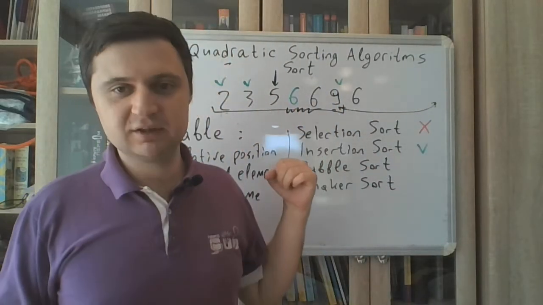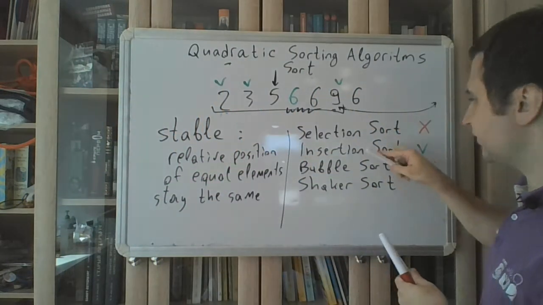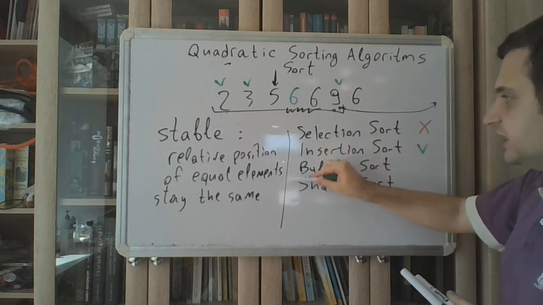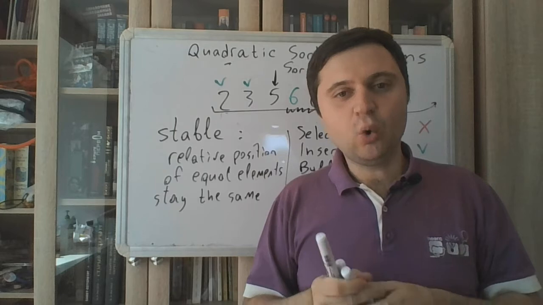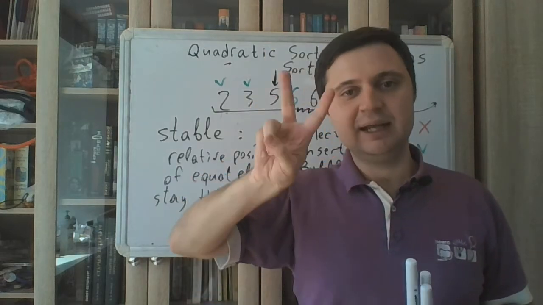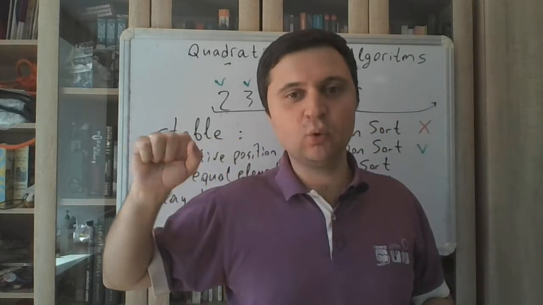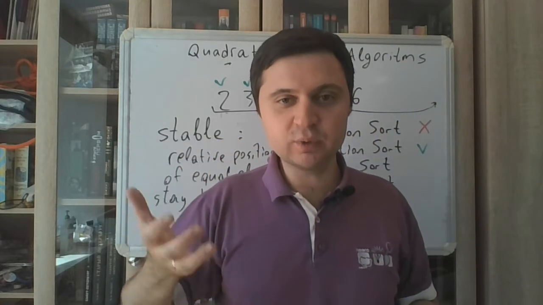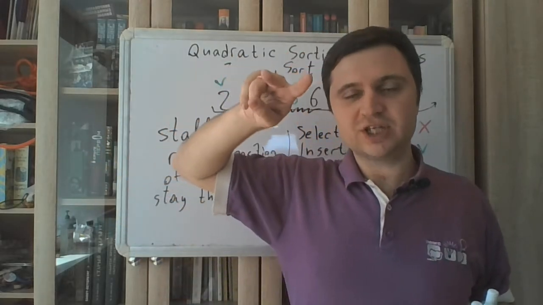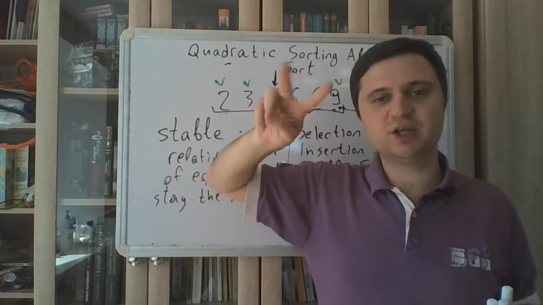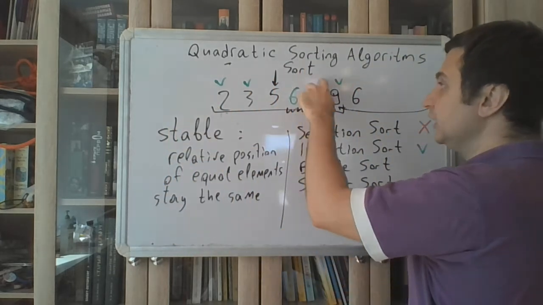But we can extend this logic to bubble sort and shaker sort as well, because these three algorithms have a similar procedure. All we do is compare neighboring elements and swap them only if the order is bad. And you can prove this theorem if your sorting algorithm works only with neighboring pairs and never swaps the equal elements.